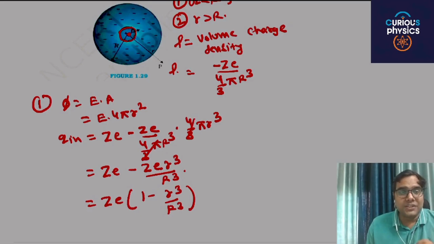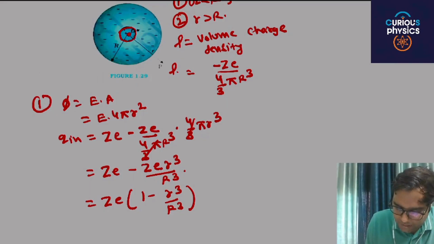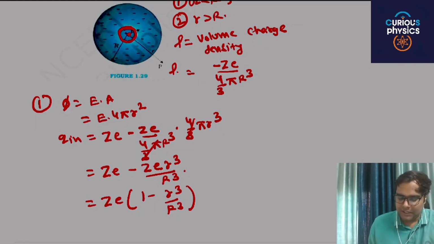This is the net charge inside that particular sphere of radius small r. So you have to find the charge inside this sphere, and that charge comes out to be Ze into 1 minus r cube by R cube.